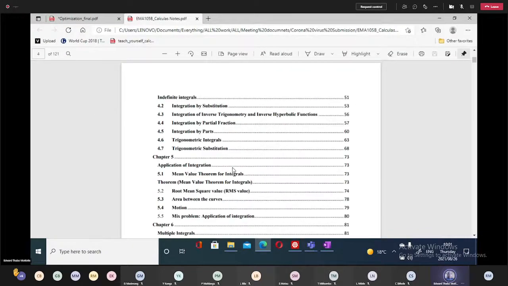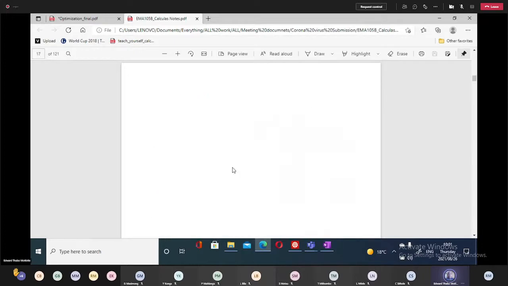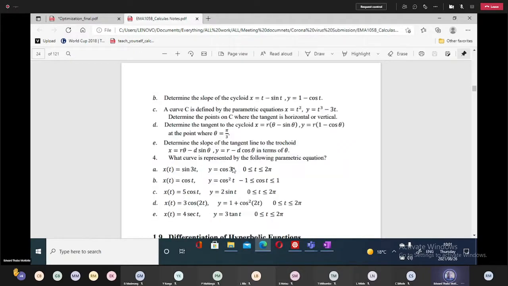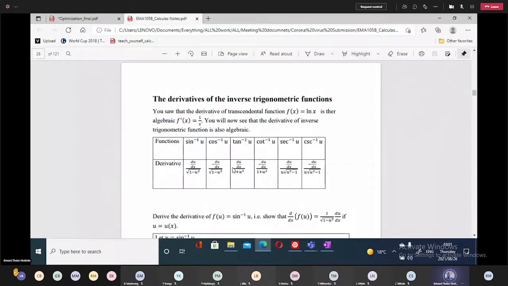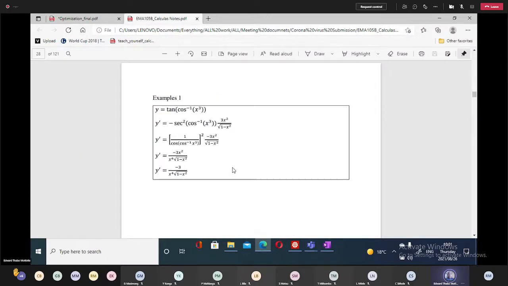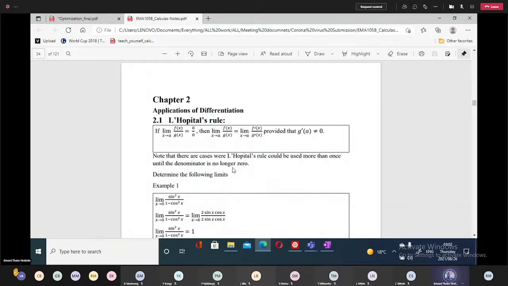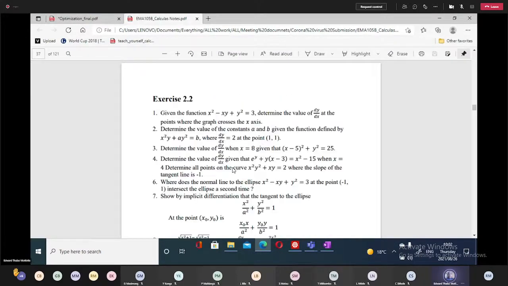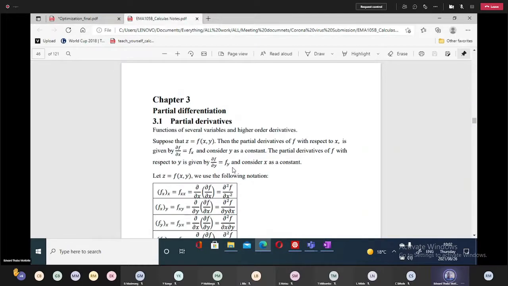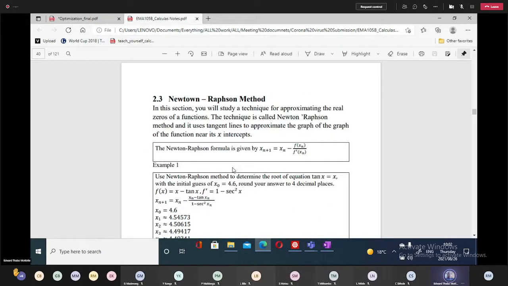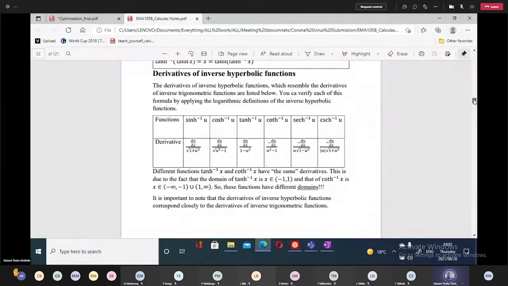So basically this problem, I think I took it from here. Optimization, let me use this parametric. I think I jumped it somewhere here. So I basically took it from these notes that we used last year.